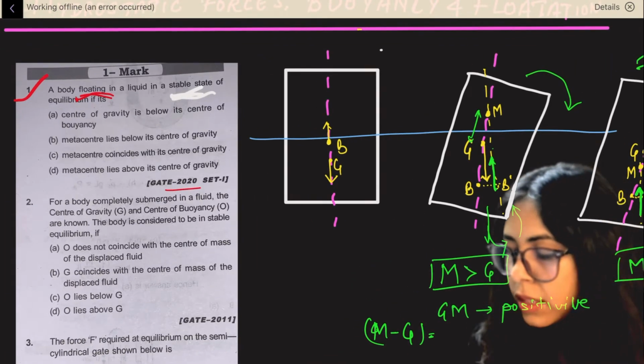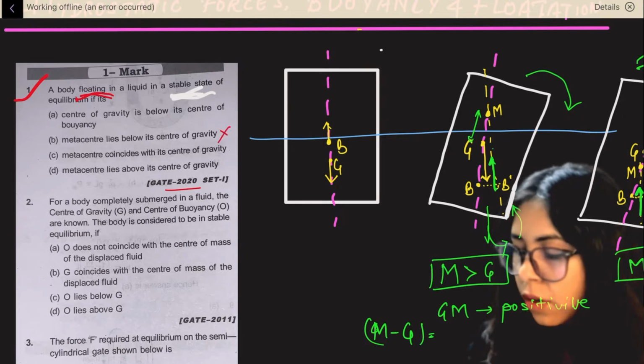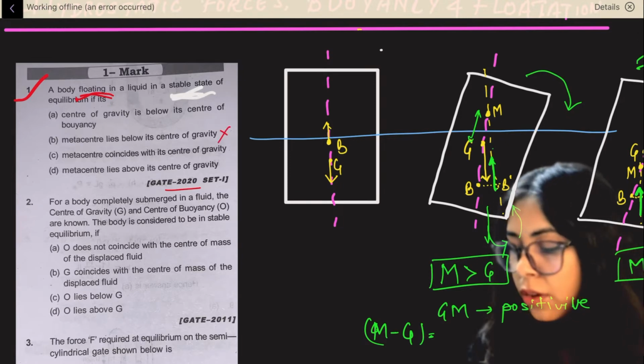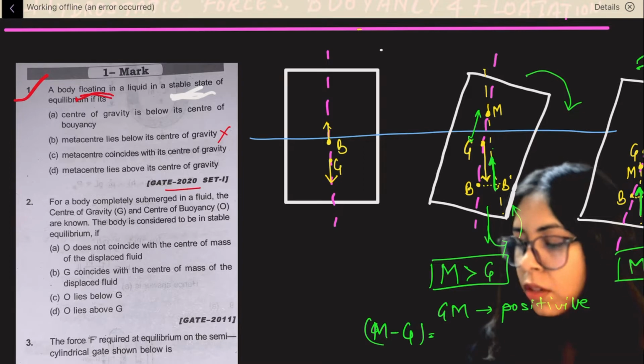So the option 'metacenter lies below its center of gravity' will not work. 'Metacenter coincides with center of gravity' is the neutral state, and we don't want a neutral state. We want a stable state. So the metacenter will lie above the center of gravity.